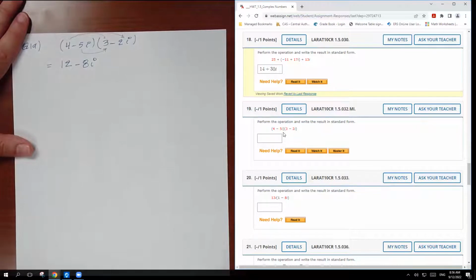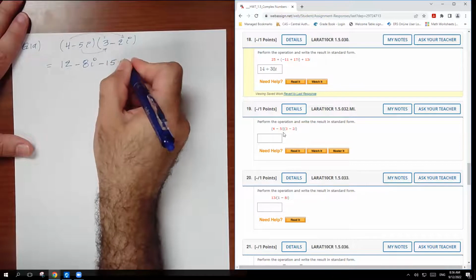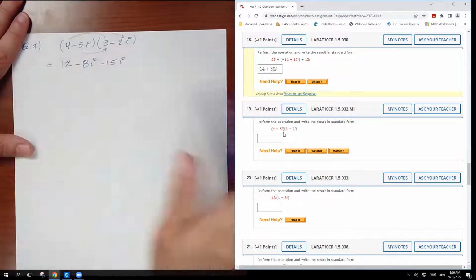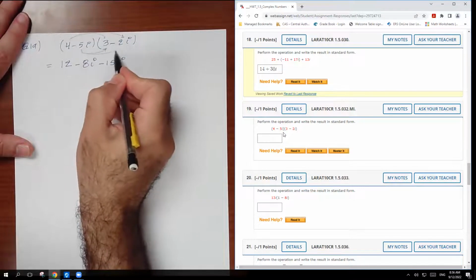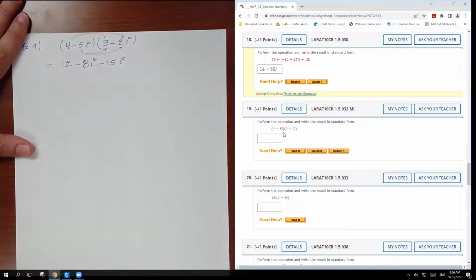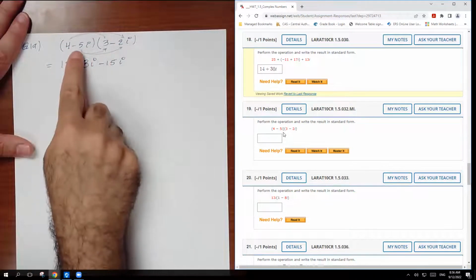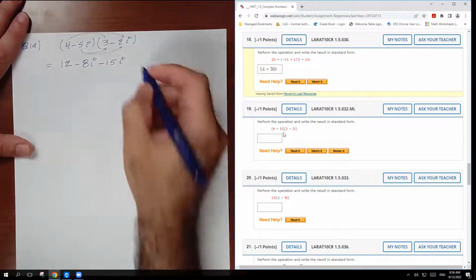So negative 5 times 3 is going to be negative 15i, because negative 5i. Now the last thing, which is the important thing, negative 5 times negative 2. You're going to make mistakes here, so you have to be careful. Negative 5 times negative 2 is going to be positive 10.